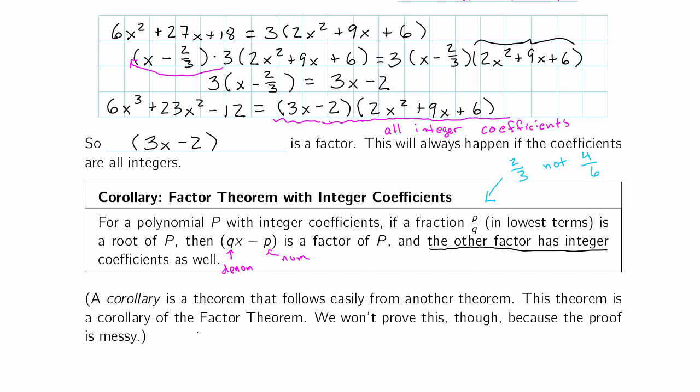They either have proofs that are really neat and interesting, or they have proofs that are really messy and boring. This one has a proof that is really messy and boring, so I'm not going to subject you to it. But this is going to be very useful to us when we're looking for what the roots of a polynomial might actually turn out to be.